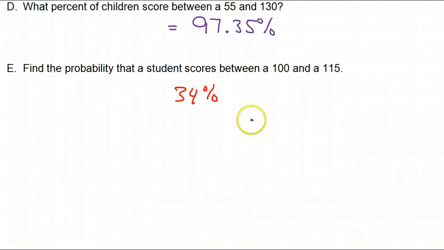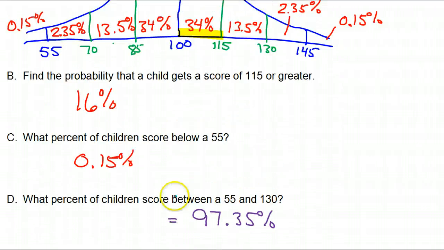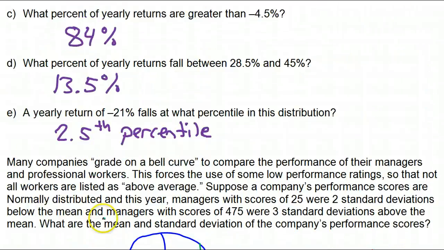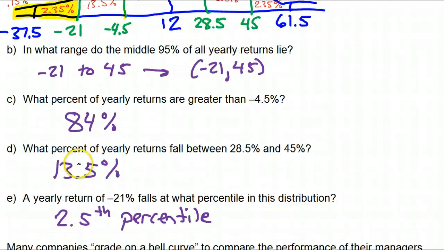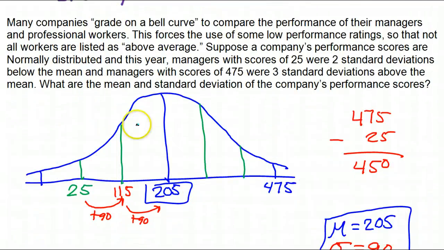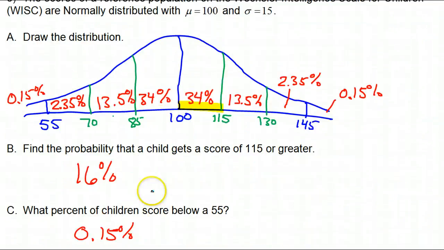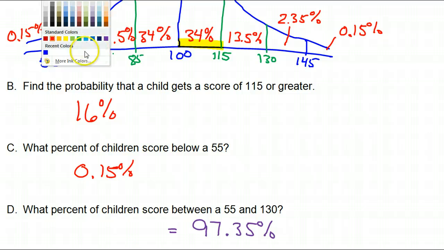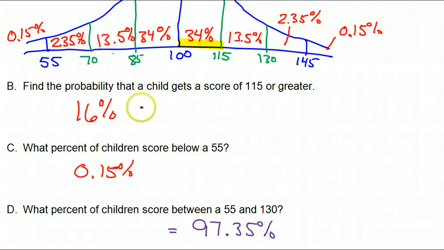Now when we talk about probabilities, were they doing probability on this last one? No, they said percent. Usually when we talk about probabilities, we don't leave it as a percent. We usually change it to a decimal. So I'm going to go back and do that on all of these. So 16% as a decimal is 0.16.